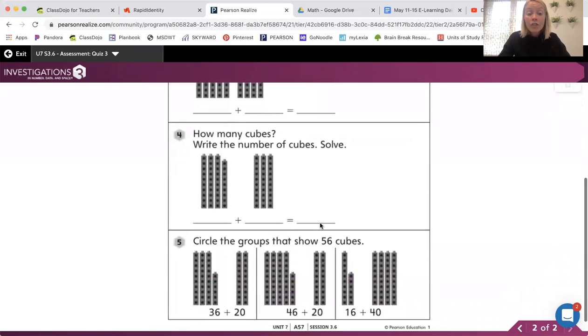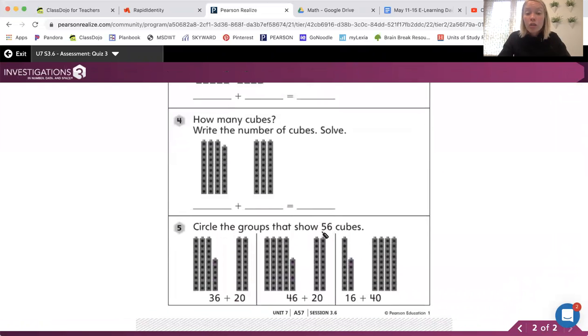Okay, and then for this one, you have to write the equation and tell me how many cubes there are all together. And down here, you are showing me which one of these groups, when you add them together, makes 56. Okay, now be careful because there might be more than one group that makes the number 56.